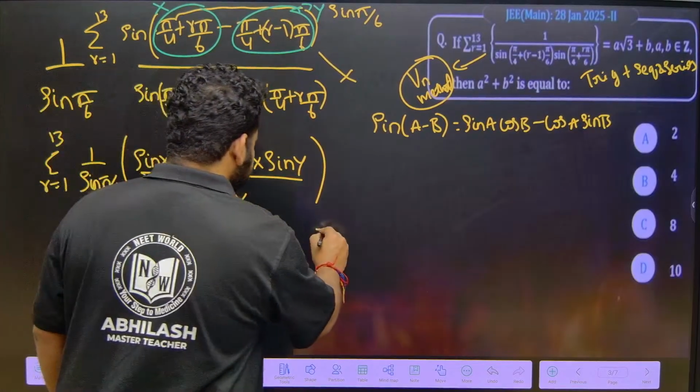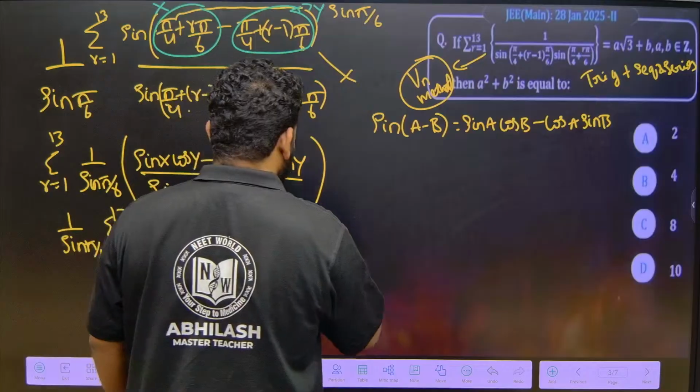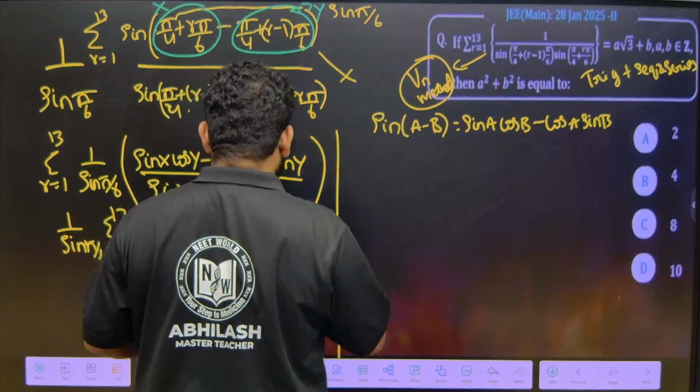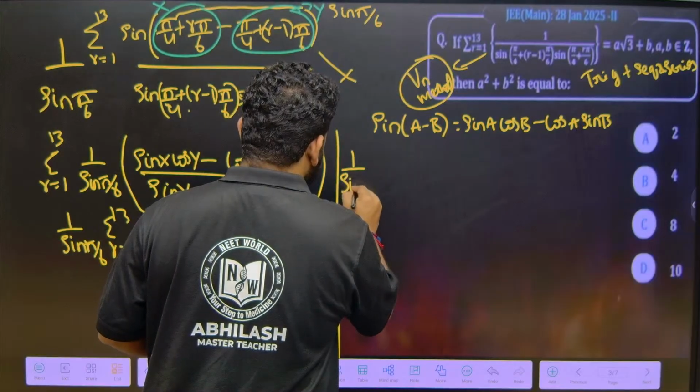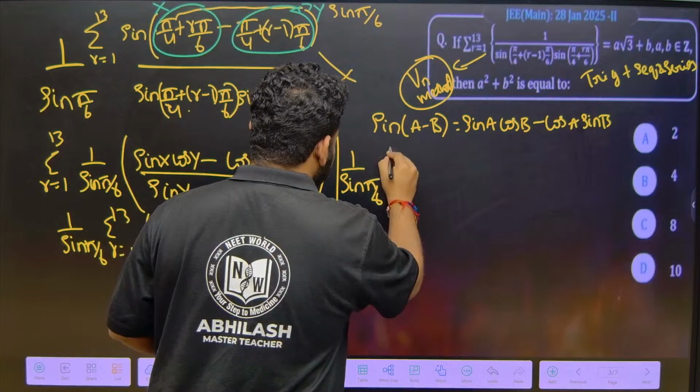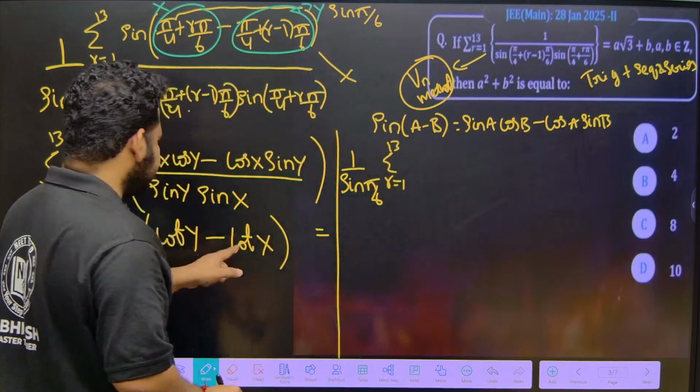Now let me write it here. This will become 1 by sin pi by 6 into summation of r running from 1 to 13 of cot y minus cot x.